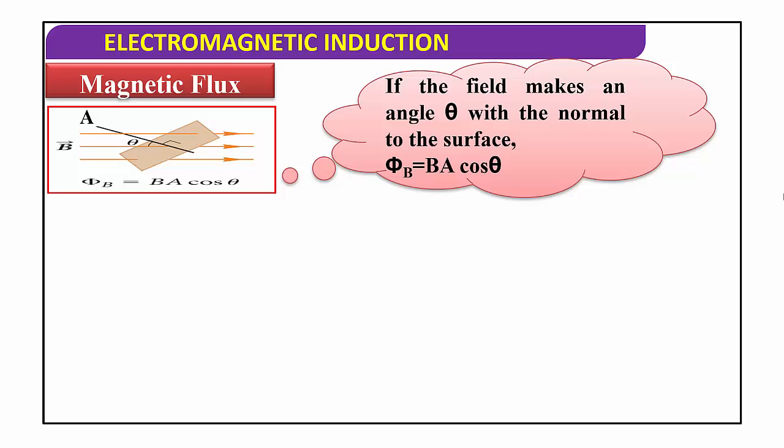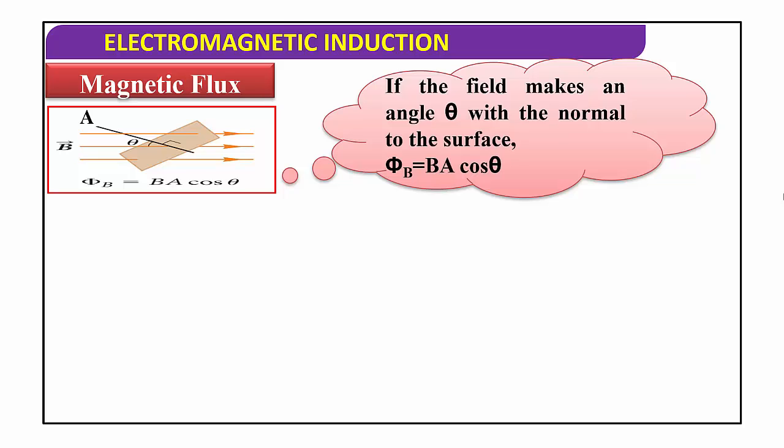That gives angle theta. Is it clear? The equation is phi B equal to BA cos theta, or we can write B dot A. What is phi B? Phi B is magnetic flux.